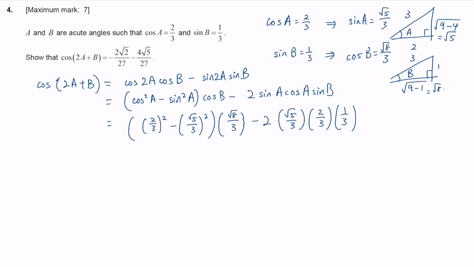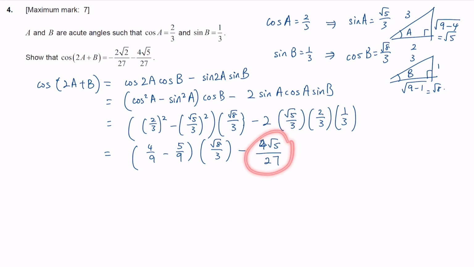So this equals, let's work it out, 4 over 9 minus 5 over 9, times root 8 over 3, minus 2 times root 5 times 2, that's 4 root 5 over 27. You can see that when I evaluated this, I get this straight away, so that is kind of a hint that I'm correct. Now it's only a matter of this one, hopefully it simplifies into what I want.